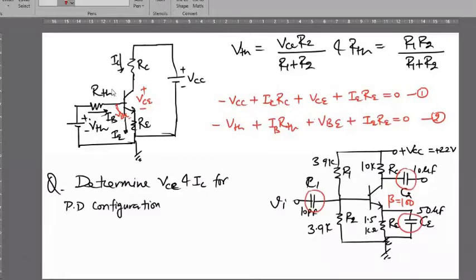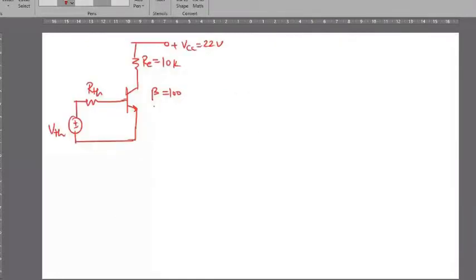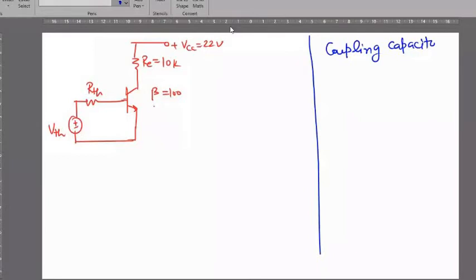These are known as coupling capacitors, input coupling capacitor and output coupling capacitor, and there is one emitter bypass capacitance denoted by CE.